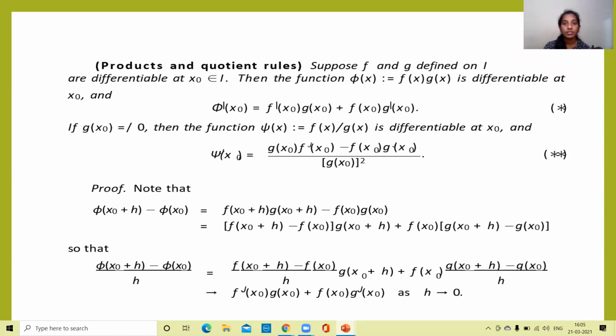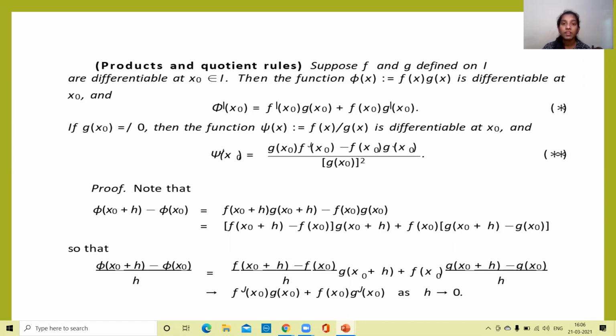Product and quotient rules. Suppose f and g are defined on an interval and are differentiable at x naught belonging to that interval, then the function phi of x equal to f of x into g of x is differentiable at x naught, and the derivative of phi of x will be the derivative of f of x into g of x plus the derivative of g of x into f of x.